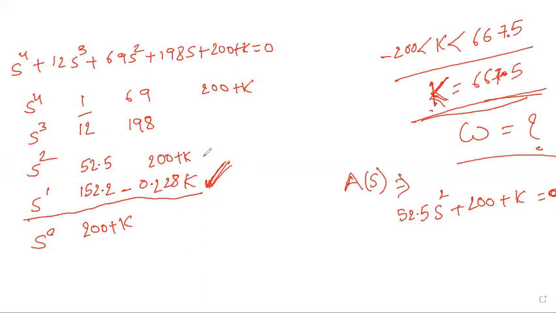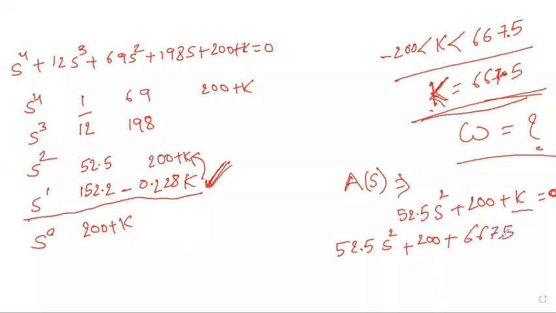We are forming the auxiliary equation from the elements of the row just above the row of all zeros. Now 52.5 s square plus 200 plus k. What is k? 667.5, sir.